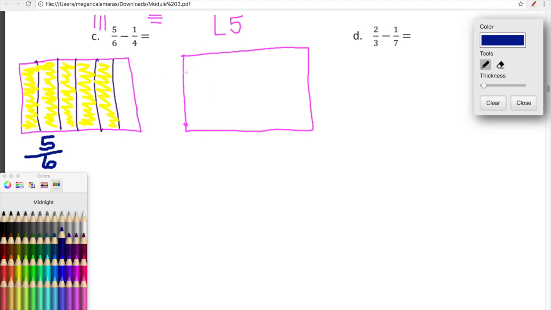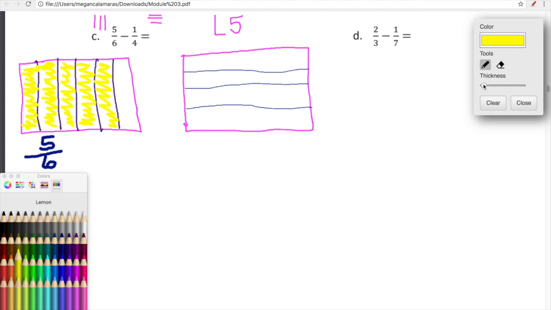Our second model, we need to make sure that we're partitioning that rectangle in horizontal lines. Try to make those lines straight. Don't be like me and make them wavy. I'm trying my best. So now we have 1, 2, 3, 4. This rectangle is sliced into 4 equal pieces. Now what needs to happen, kiddos, is we're going to shade.